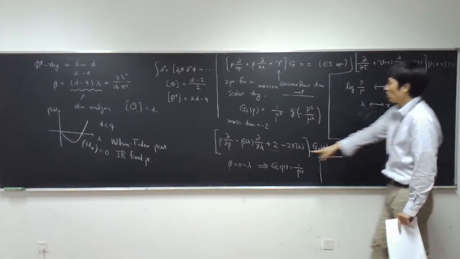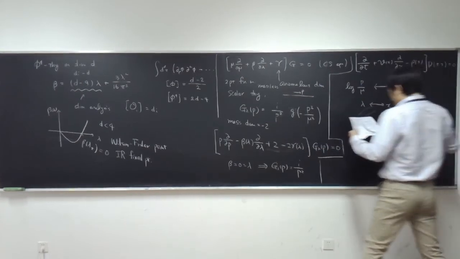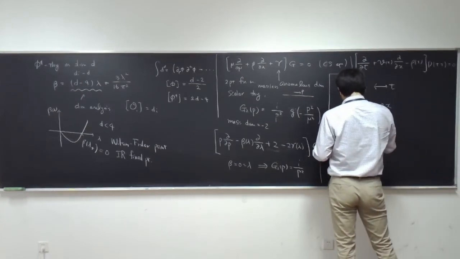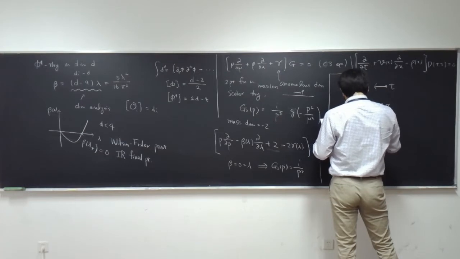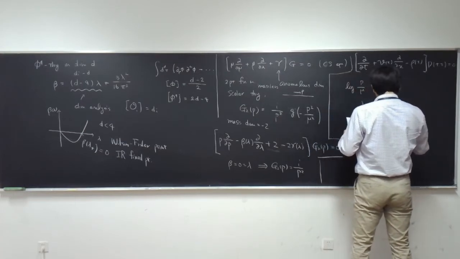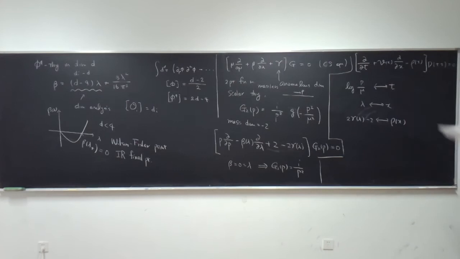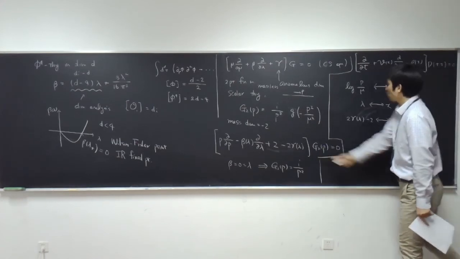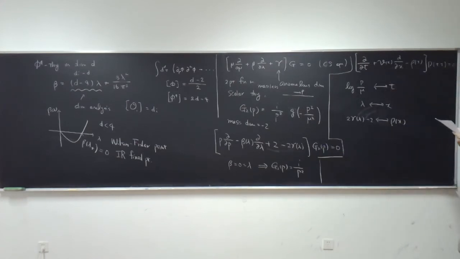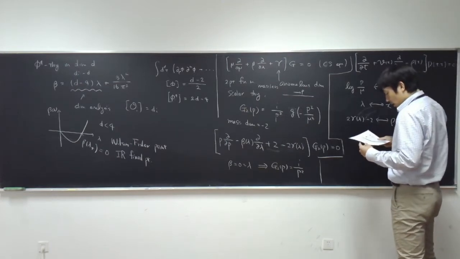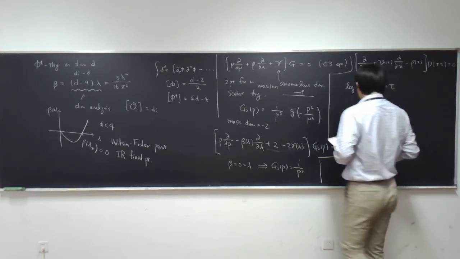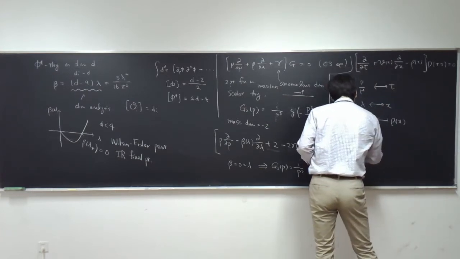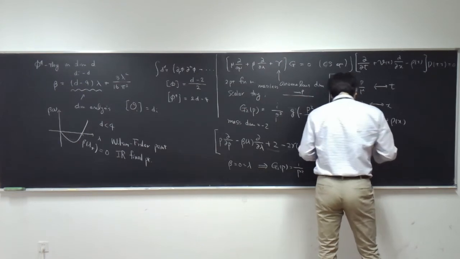And of course, you can compare this with here. So 2 gamma lambda minus 2 is rho of x, and the solution, the 2-point function, corresponds to the function d. The solution of this differential equation is known as follows.